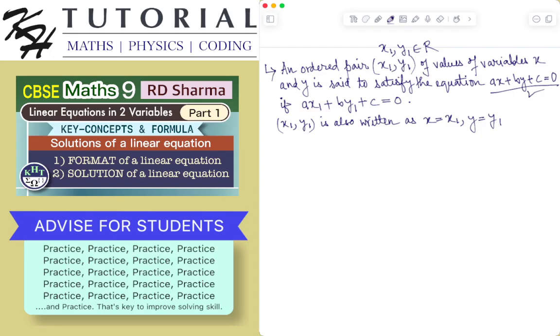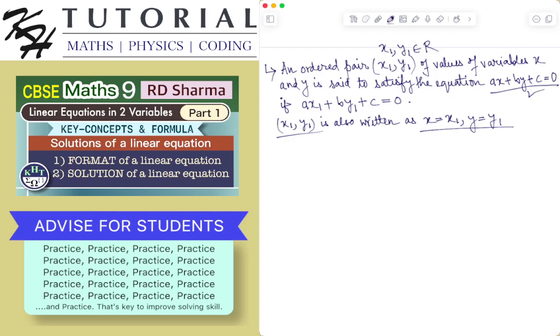Then we say that the ordered pair x1 comma y1 satisfies the linear equation ax plus by plus c equals 0. This ordered pair is also conveniently written in some books as x equals x1 comma y equals y1, which is more readable.